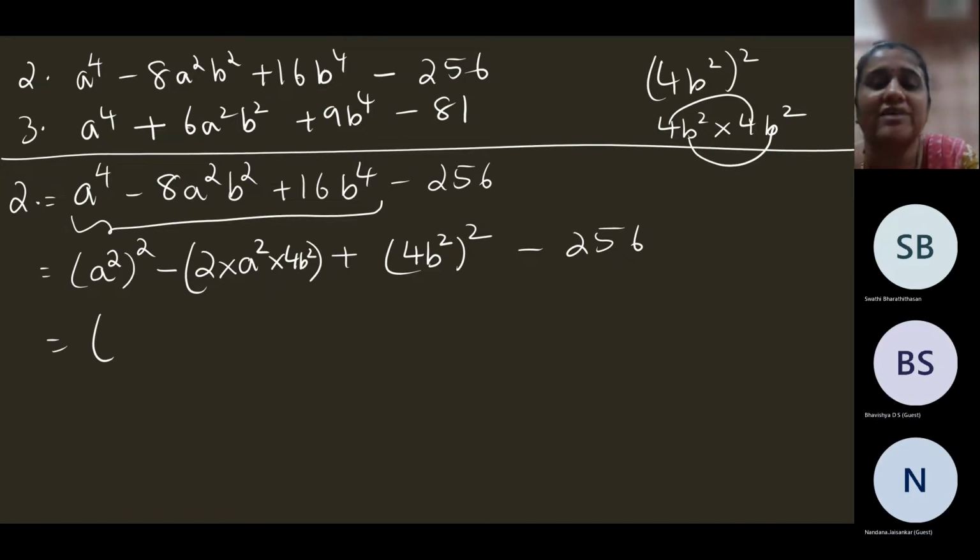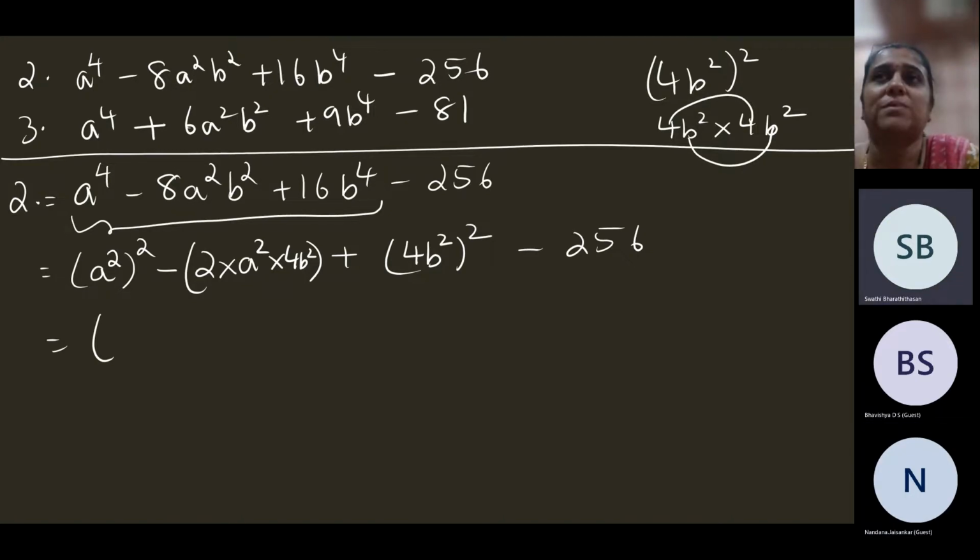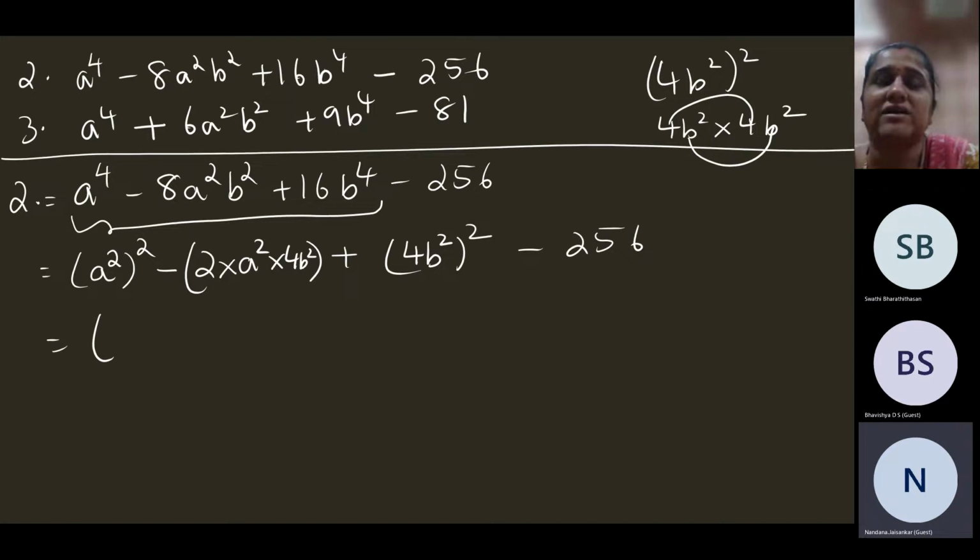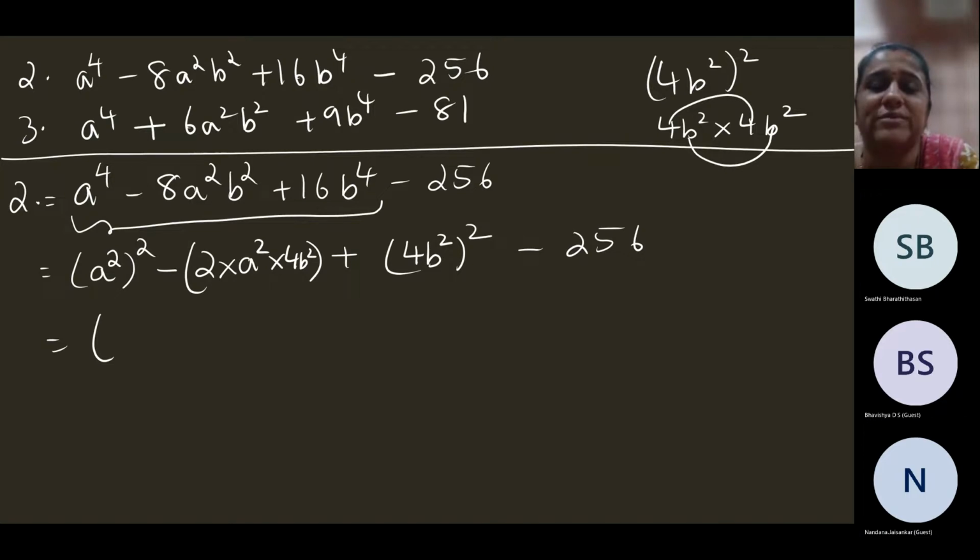So the answer is x minus y the whole square. I'm saying x square minus 2xy plus y square because there's already a and b there, so we'll use x and y.